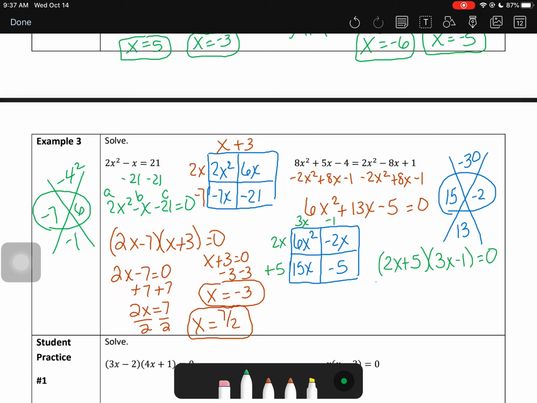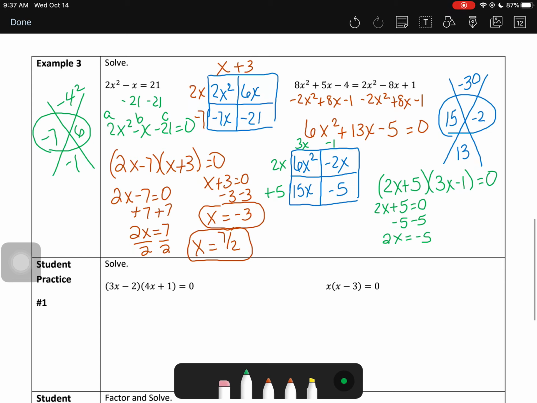So I'm going to set each of these equal to 0 and solve. First I'll subtract 5. I have 2x is equal to negative 5, and then I will divide by 2. And so we have x equals negative 5 over 2 as our first solution.